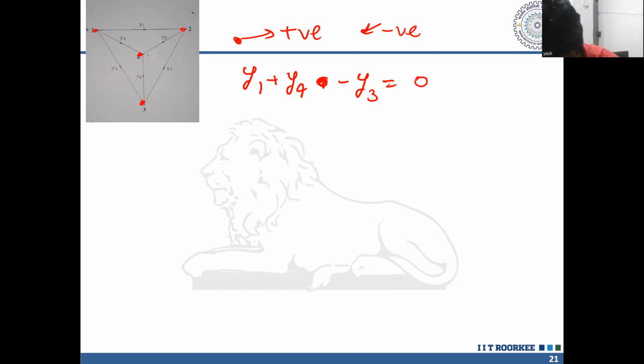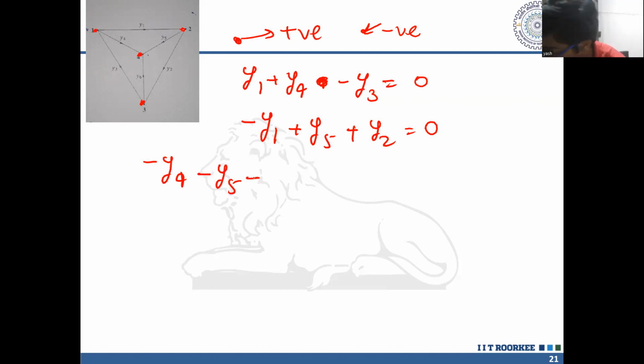Okay. For the second node, we can write it as minus y1 plus y5 minus y2 is equal to 0. For the fourth node, we can write in a similar way minus y4 minus y5 minus y6 is equal to 0.